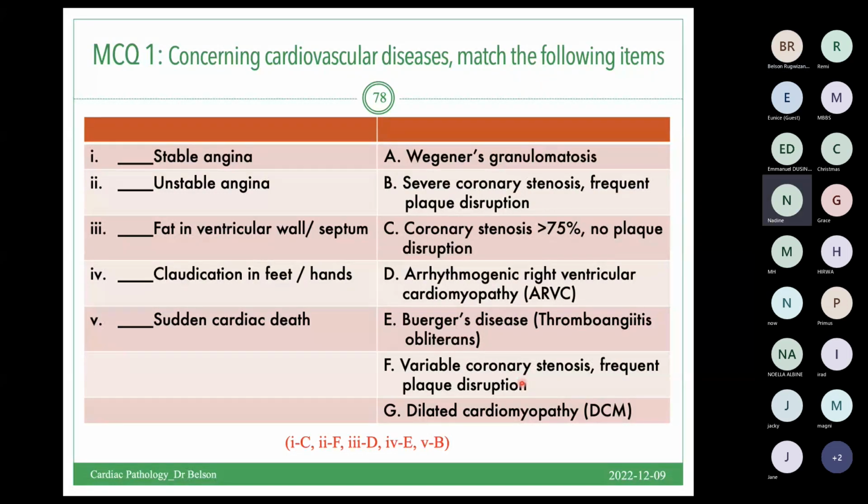Yes. Unstable angina is with B, severe coronary stenosis with plaque disruption. Here, this one goes with sudden cardiac death.